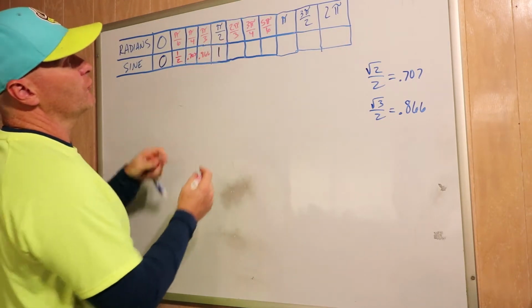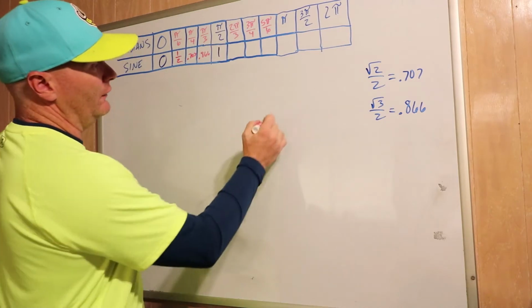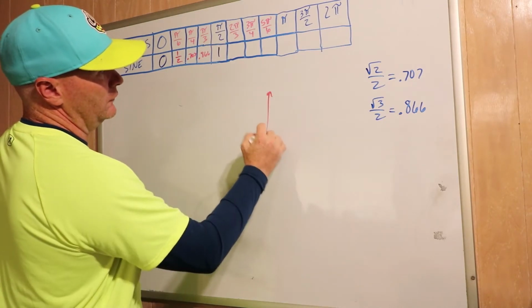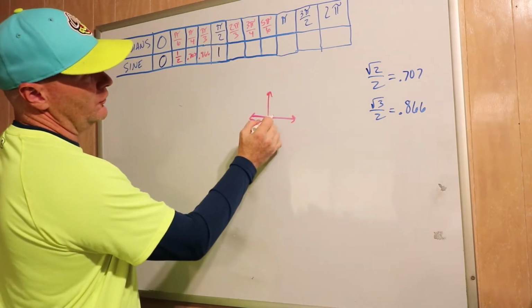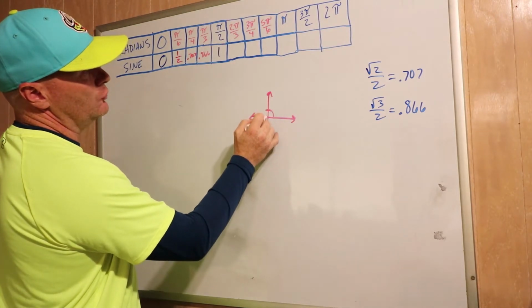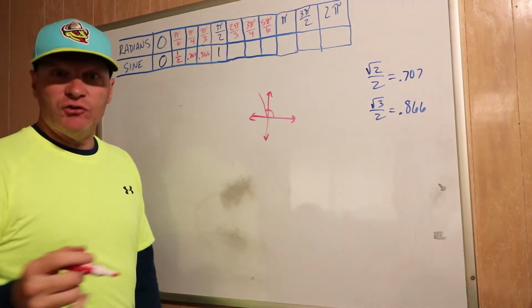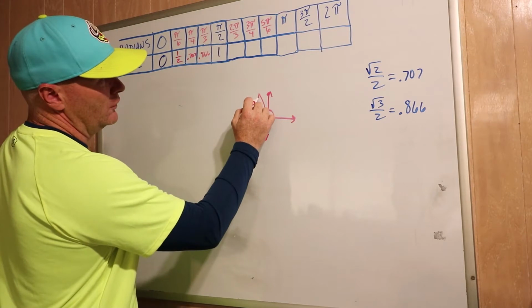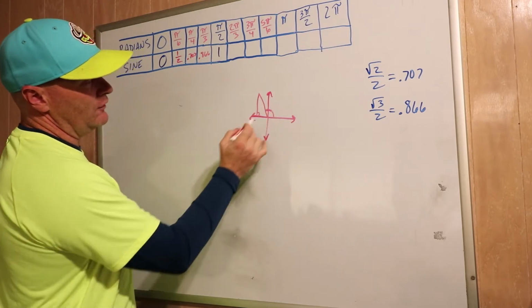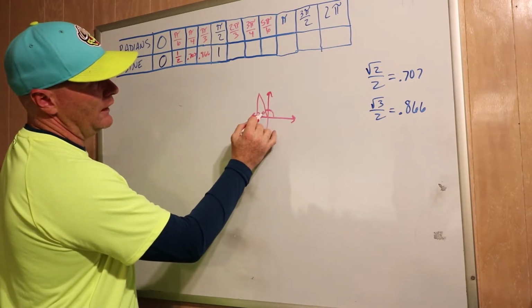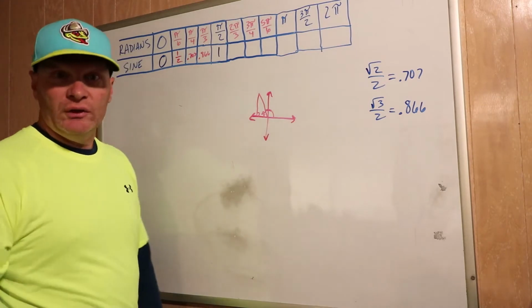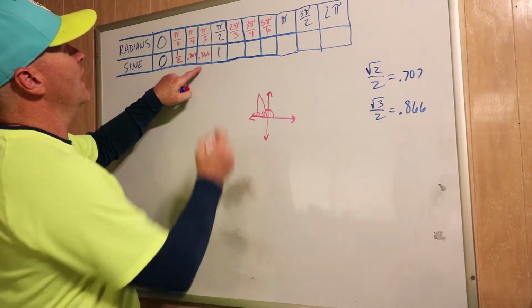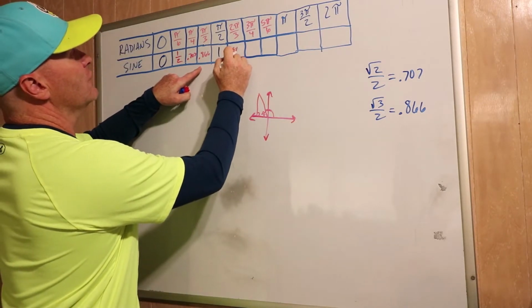For 2 pi over 3, if you drew that angle, it would look like this. Remember last week we learned about reference angles. If we drew a line down to the x-axis, the reference angle is 60 degrees, or pi over 3. So the sine is going to be the same, 0.866.